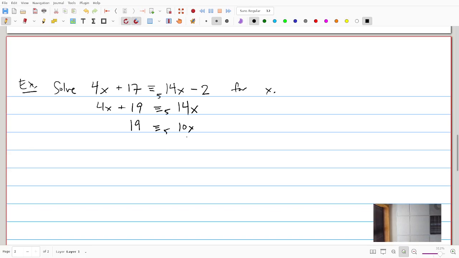Okay, so 19 is equivalent to 4, so I could certainly do that. What next?